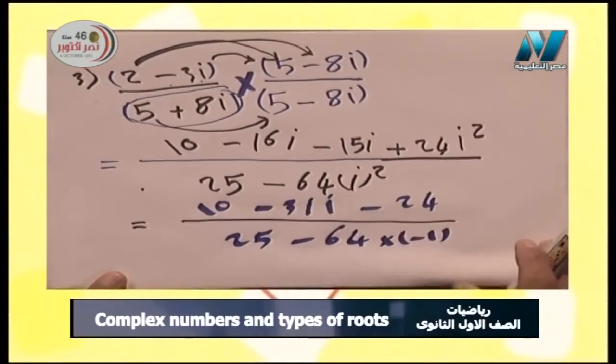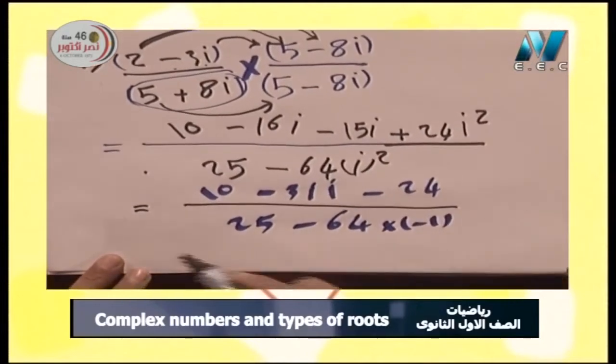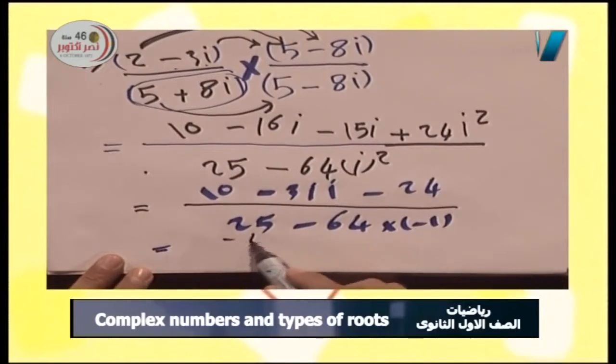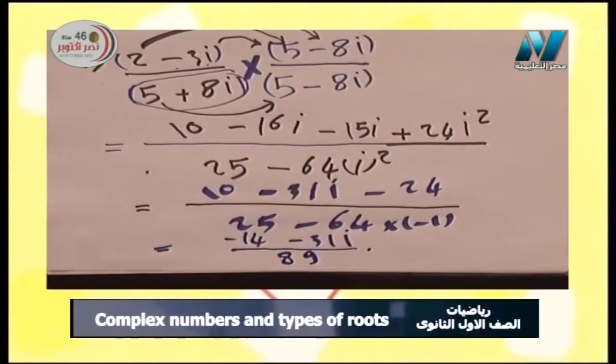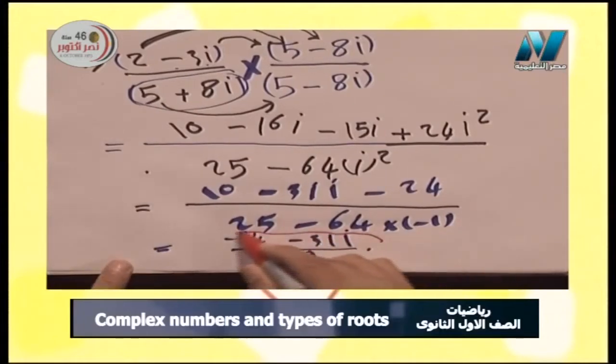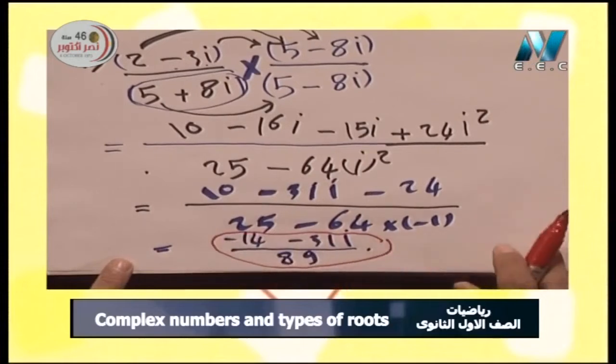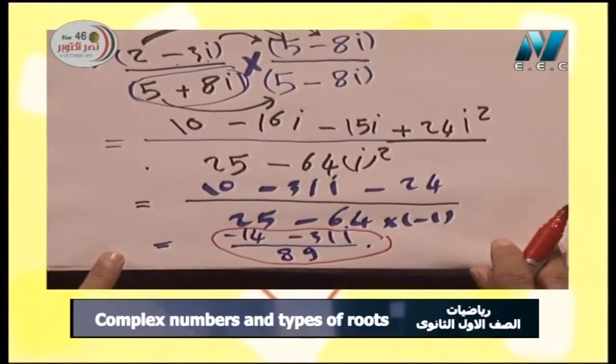Okay, the final answer here will be equal to negative 14 minus 31i over 89. And it will be the final answer here. It's very easy to calculate.